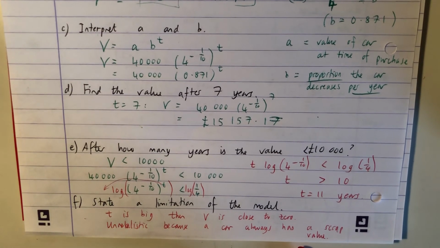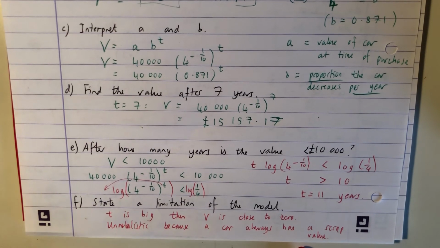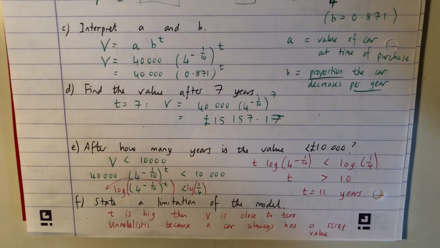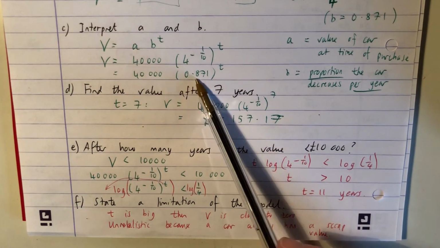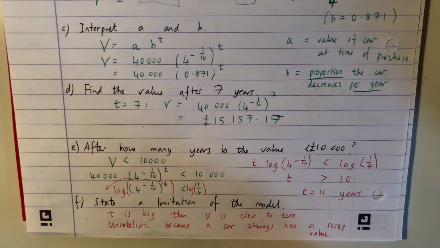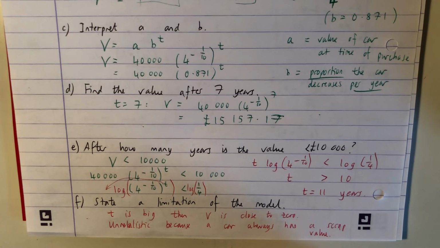And for a car, that's unrealistic because the car has scrap value. But you could say something along the lines of, if the car was involved in an accident, then the model wouldn't predict the value well either. And that would be it.